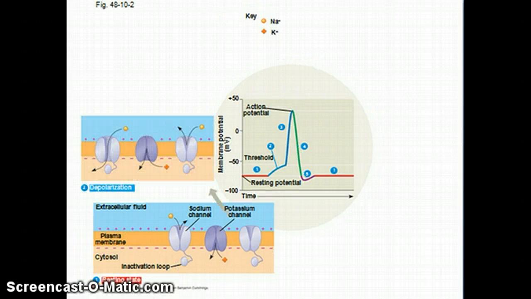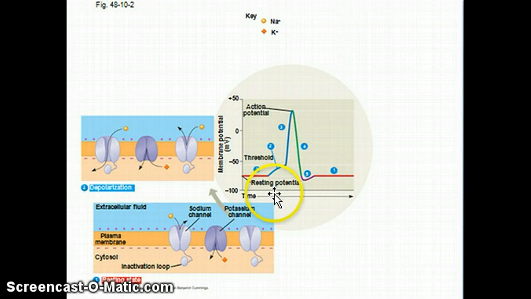The next step, step 2, is called our depolarization stage. That's when we start to have movement on this graph. Depolarization means that some of the sodium channels are beginning to open. The dendrite of the cell has received some sort of signal telling the neuron to start opening up its sodium channels.